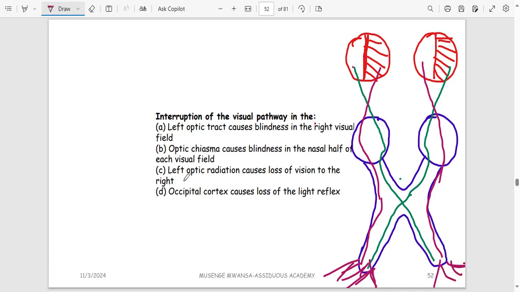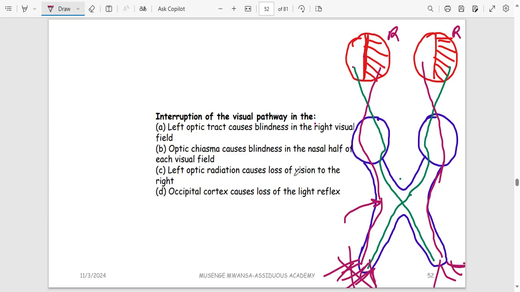So let's say this one is saying left optic radiation. So if there is a problem on the left optic radiation there, the loss of vision, we can see it is still going back to this half. That is the right side, isn't it? And still the right side here. But this is saying loss of vision to the... I think this one makes sense.